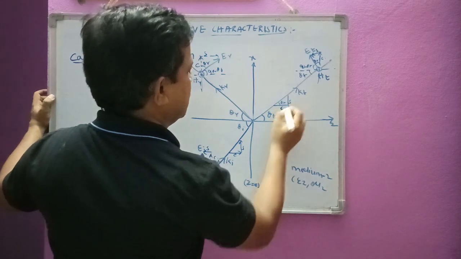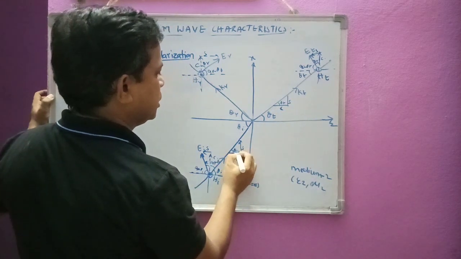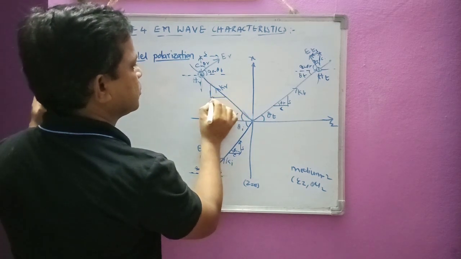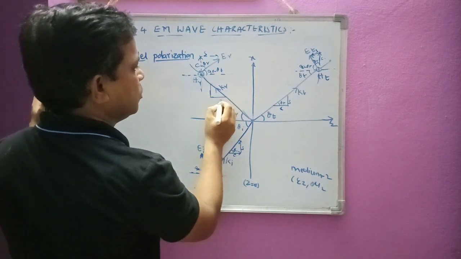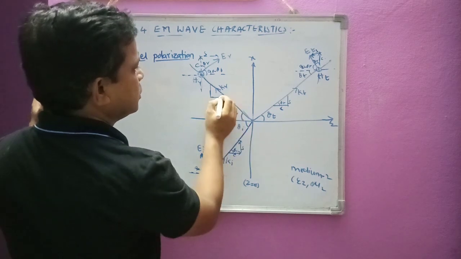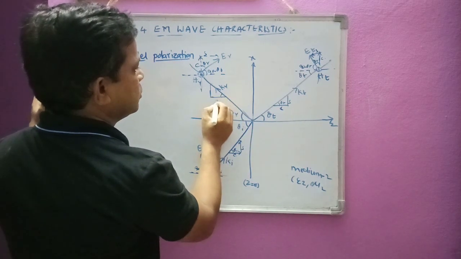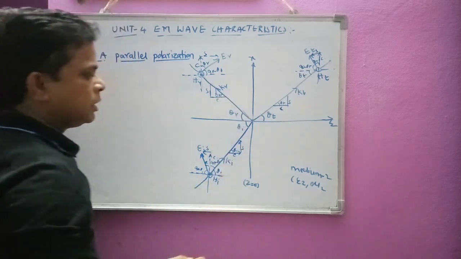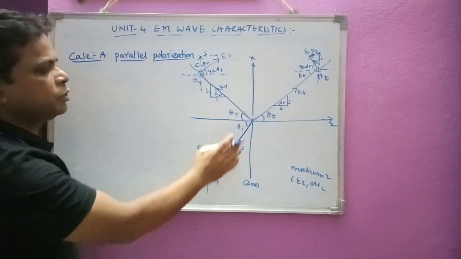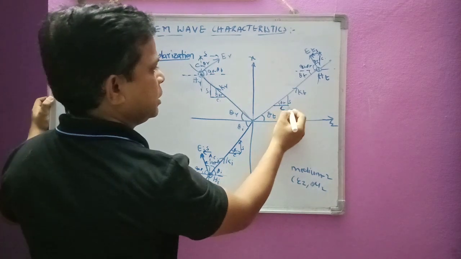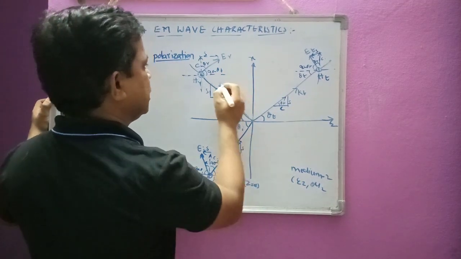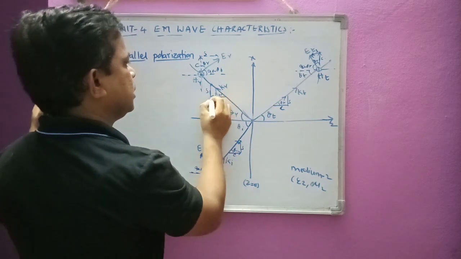This is theta t and this is theta i. And similarly here also, this is the direction of theta r, with the cosine component and sine component. So these are the propagation directions. This is the cosine, this is the sine, and this is the resultant here, and also here, like this and like this.